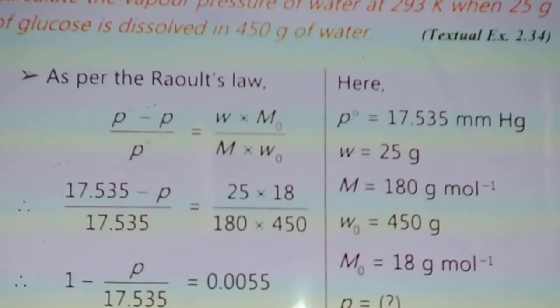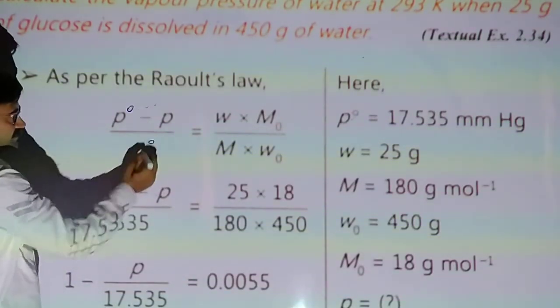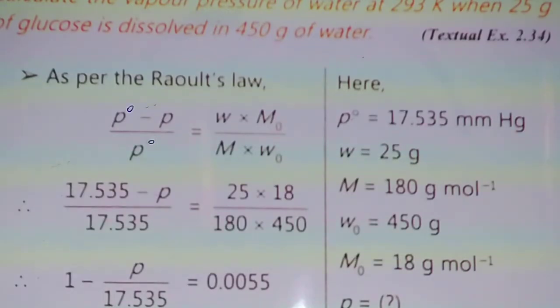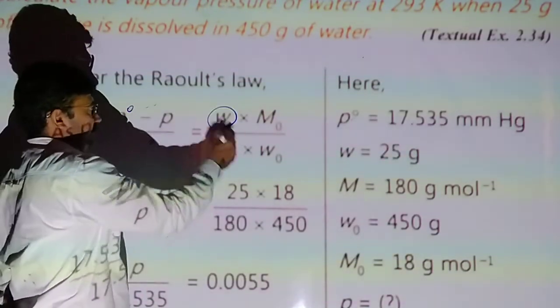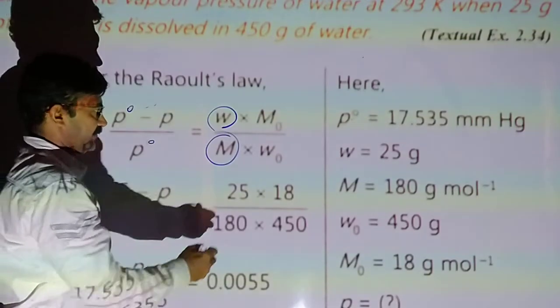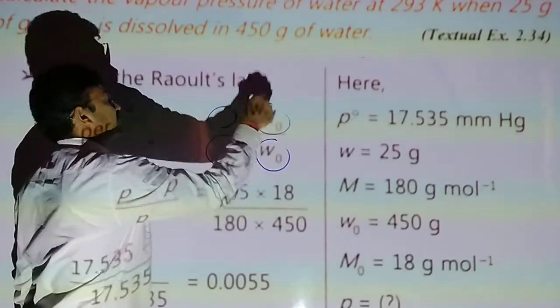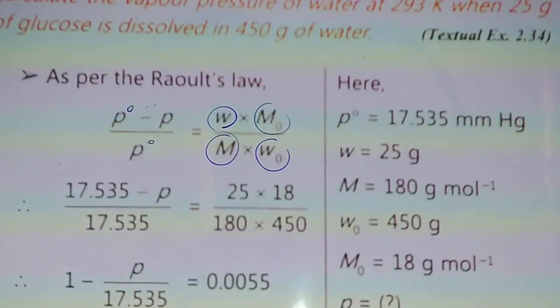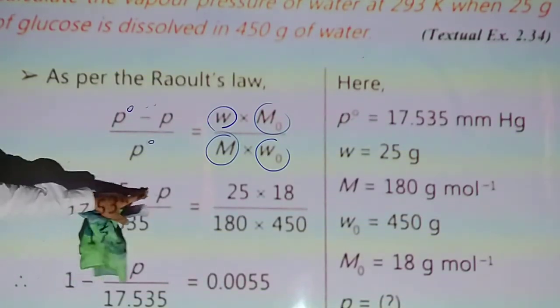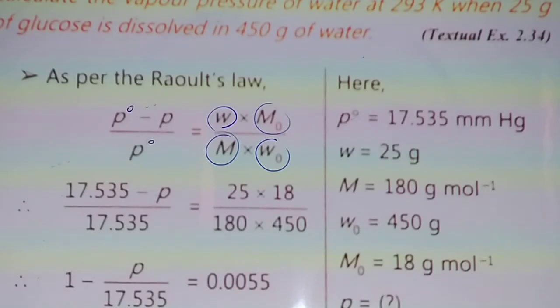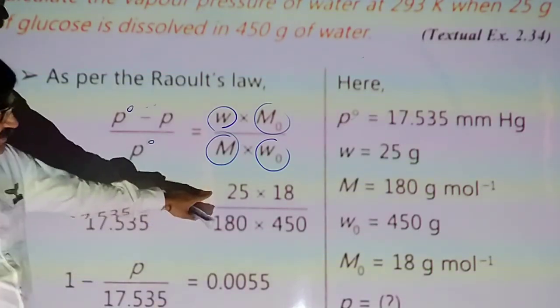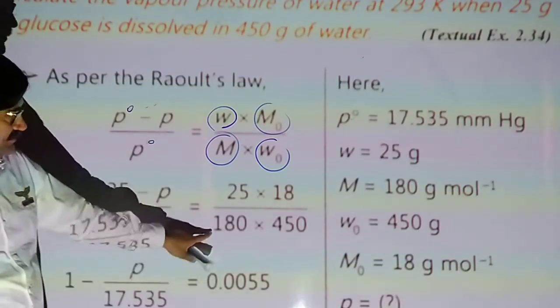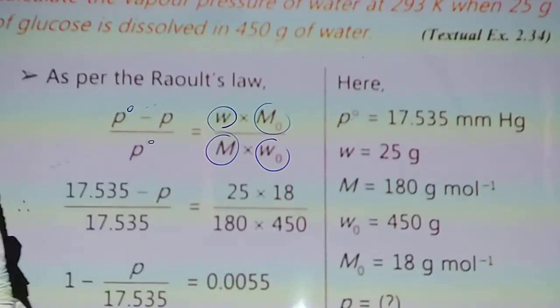As per Raoult's law, P degree minus P upon P degree equals W upon M, mass of solute upon molecular mass of solute, times molecular mass of solvent upon mass of solvent. Here P degree is given, 17.535, P you have to find. 25 is W, 180 glucose, 18 molecular mass of water, 450 mass of water, solvent.